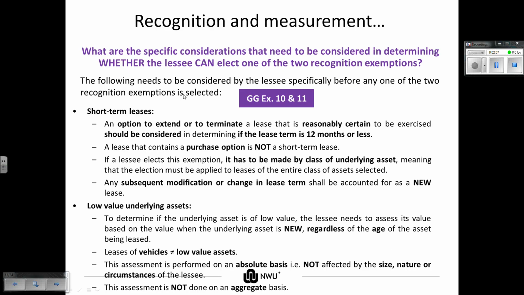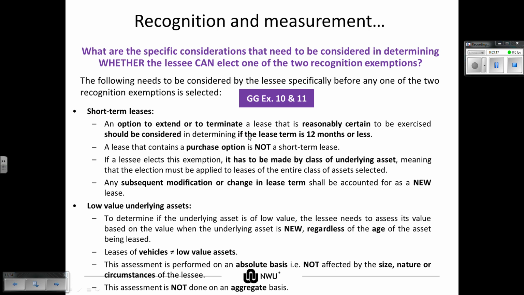So let's dive a bit deeper into the two exemptions. For short-term leases, the option to extend or to terminate a lease that is reasonably certain to be exercised should be considered in determining if the lease term is 12 months or less. So that makes sense.